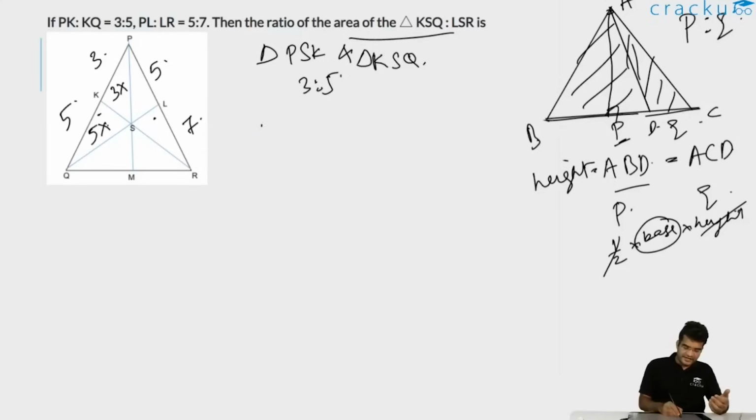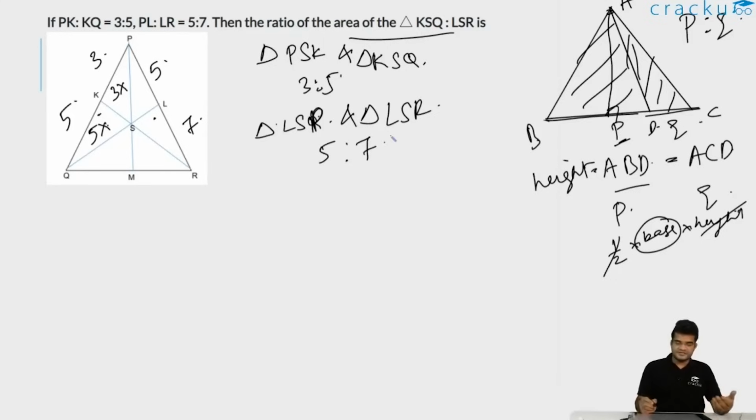Similarly, for triangles LSP and LSR, the areas will be in the ratio 5 is to 7. So let us assume this is 5y, and this will be 7y.